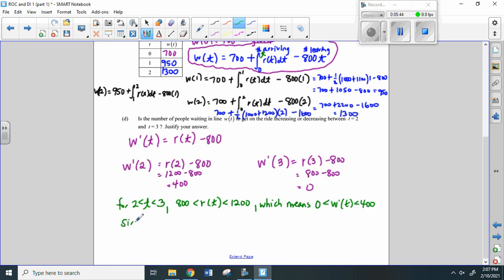Well, since W prime of t is positive, right? Being between 0 and 400 means it's positive. Then we know the number of people waiting in line to get on the ride is increasing.